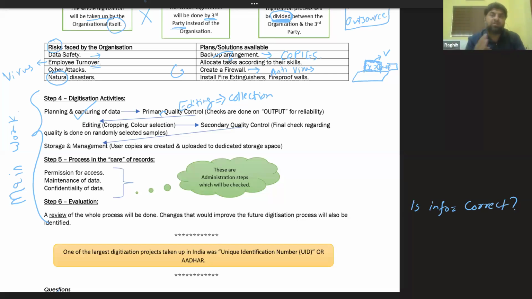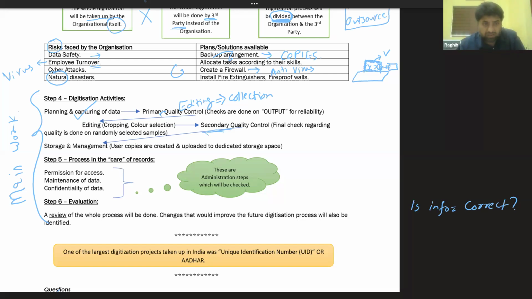If it has lost its original form and is now totally twisted, then the people using the digitized activities will not be able to get the full advantage. That is why second editing is also necessary, which is also called secondary quality control. One last time, you are checking whether those things are correct or not.